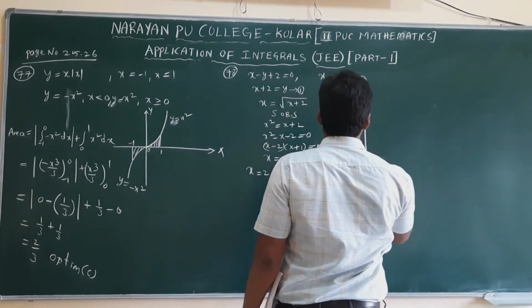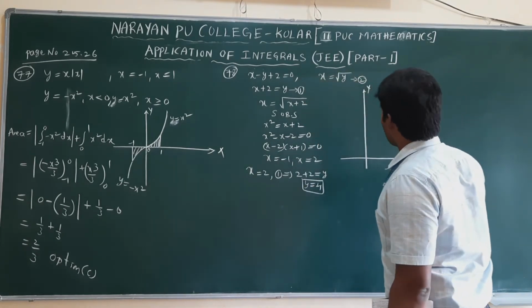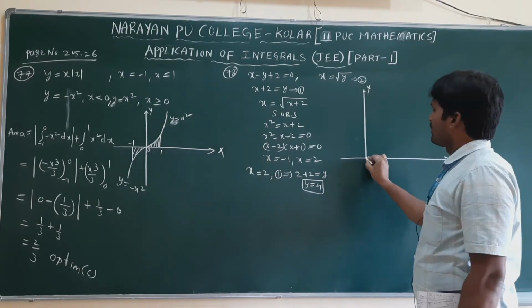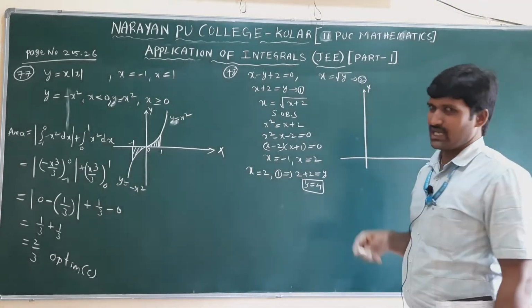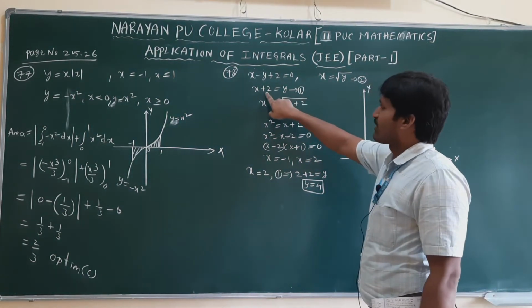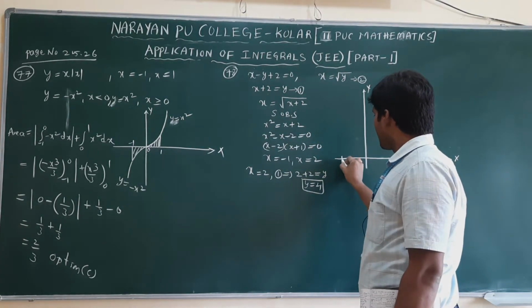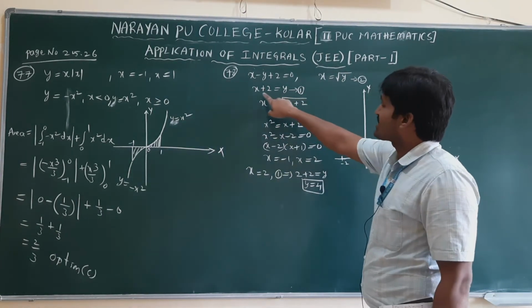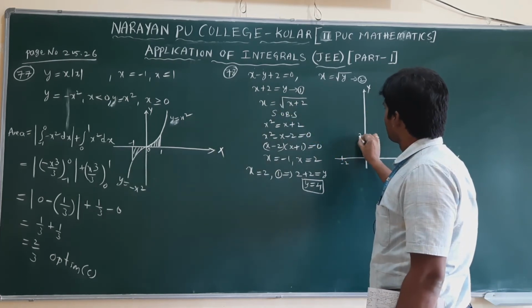When coming to the curve, which region do we need to find here? This line is passing through which points we don't know exactly. How to find that? For the line, if you take y is 0, what x value will we get? Minus 2. That's why this is minus 2. If x value is 0, what is the y value? 2.